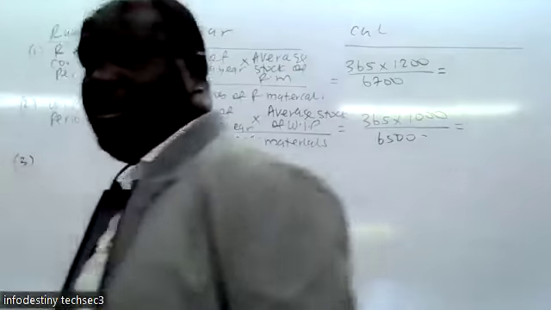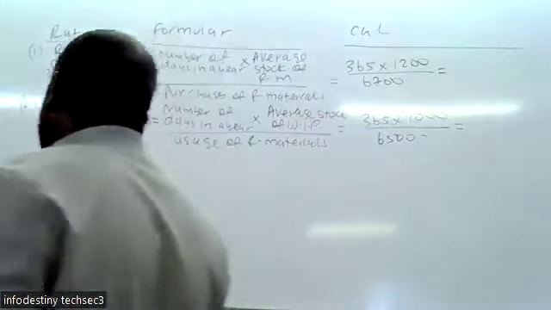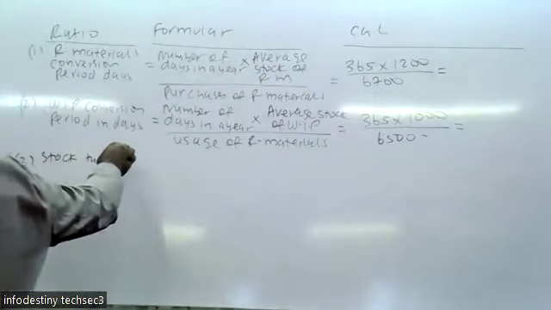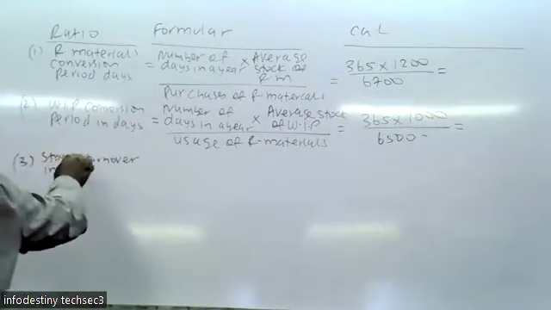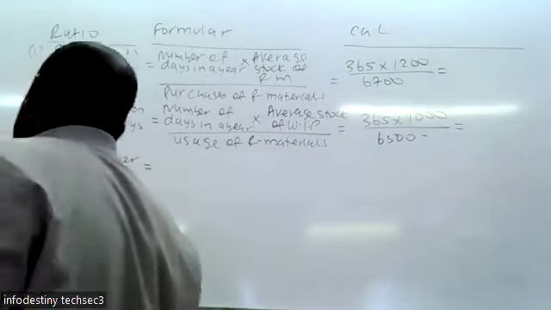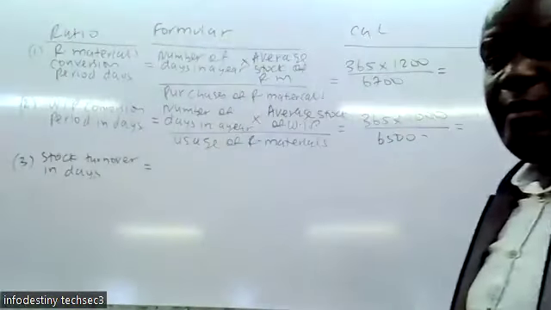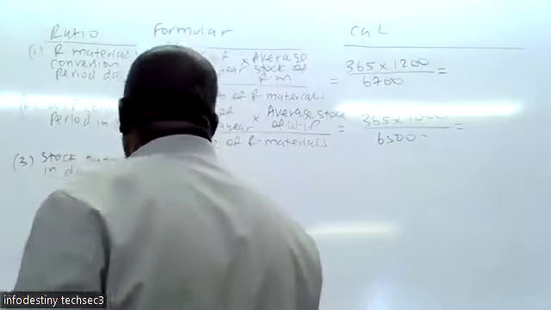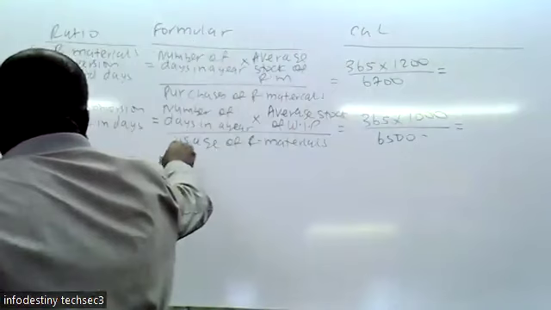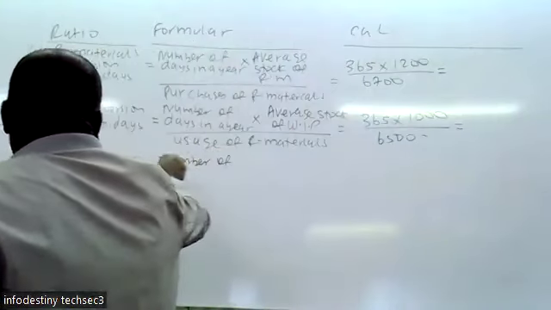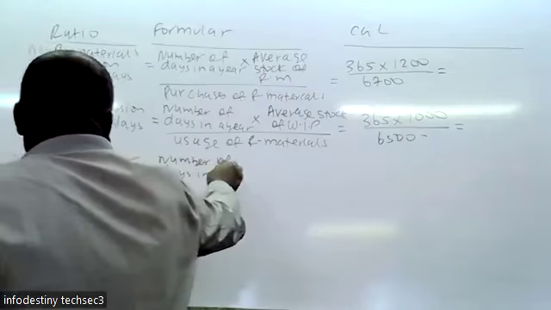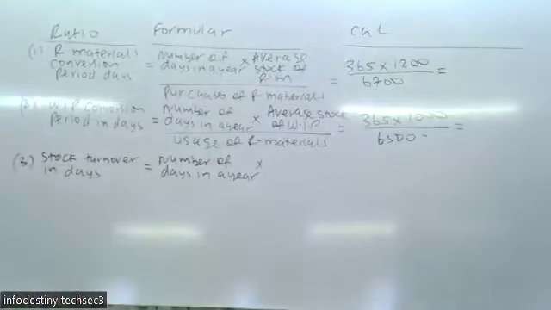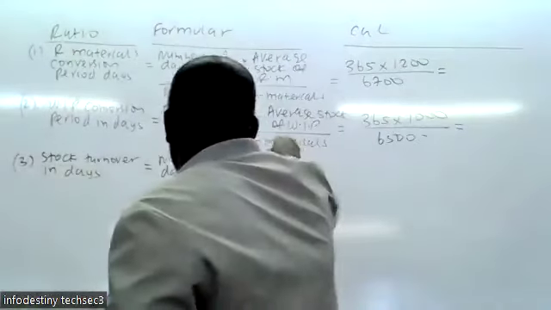So the next one is meant to be the stock turnover. To get the stock turnover, it is given by number of days multiplied by average stock of the finished goods.